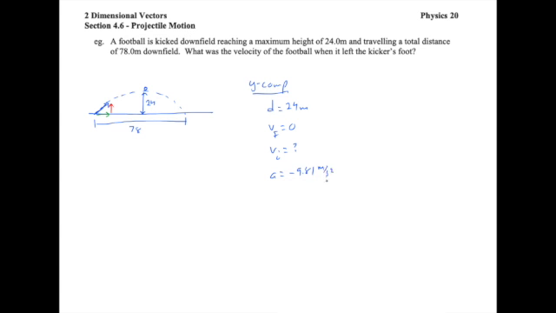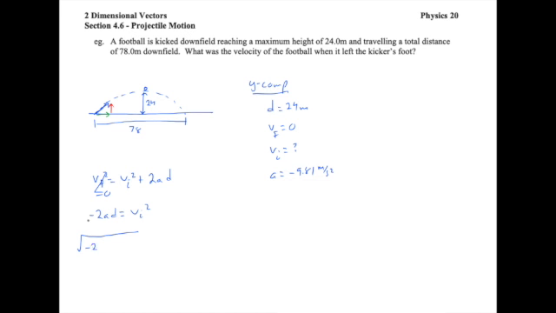So in order to find the speed, I can just use the VF squared equation, so I'll have VF squared equals VI squared plus 2ad. Now this one here, as before, I get a 0 there, so I get negative 2ad equals VI squared. If I'm looking for the VI, I can just take the square root of that. So I'll take the square root of negative 2 times negative 9.81 times my distance of 24.